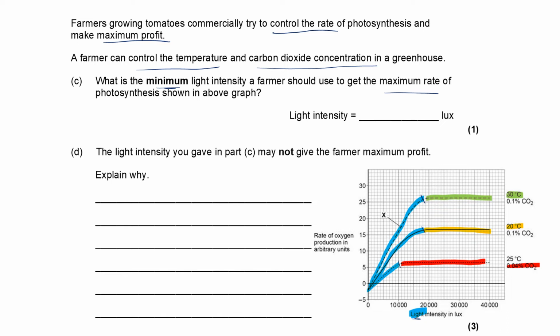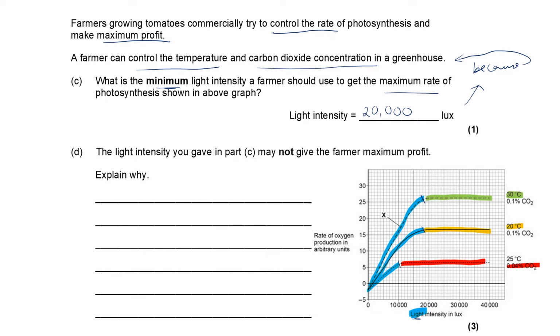So I'm not even going to look at the lowest line, because that's when the temperature's at its warmest in the summer. I'm talking about in the winter, when I can increase the temperature and I can increase the carbon dioxide. So it must be about 20,000, because that's when we start to have the minimum light intensity, and we can start to make a difference.